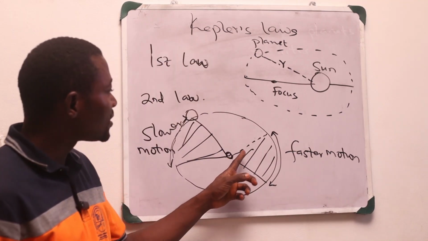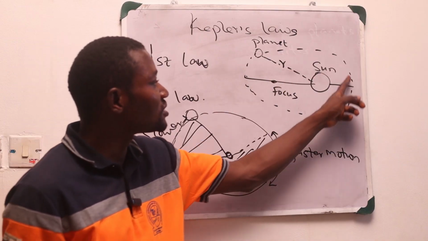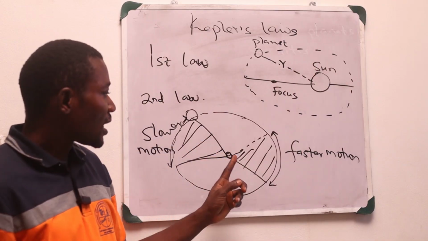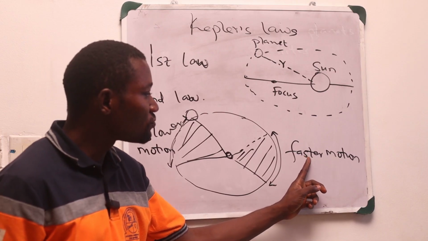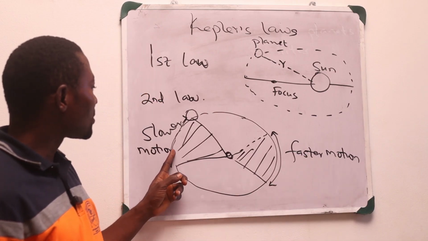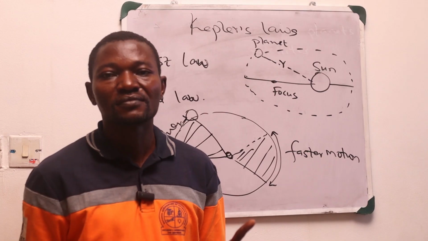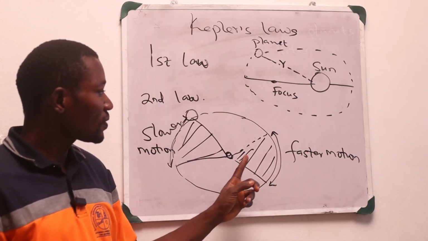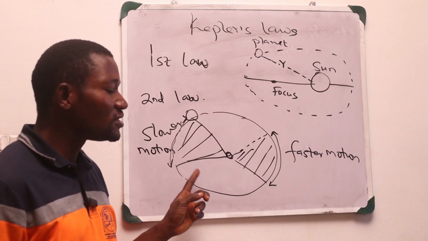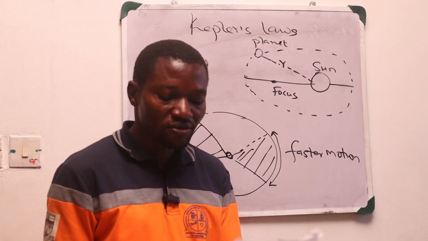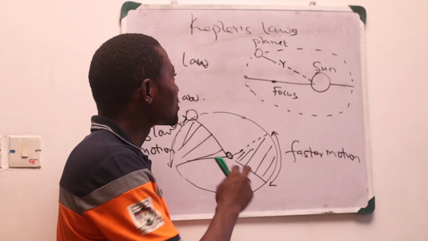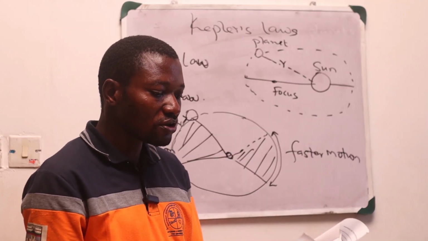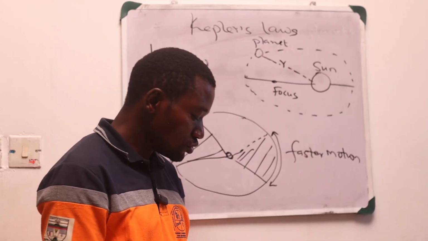Yes, planets move around the sun in an elliptical orbit. At a point, the movement will be faster. At another point, it will be slower. But irrespective of how the motion goes, equal area is covered in equal intervals of time. So that is Kepler's second law of planetary motion.